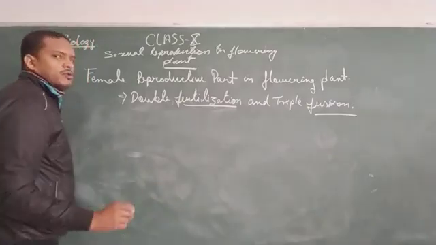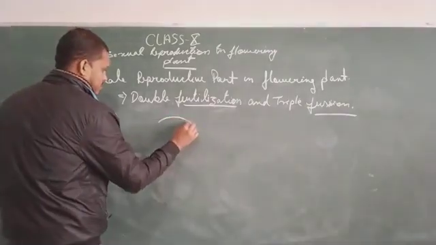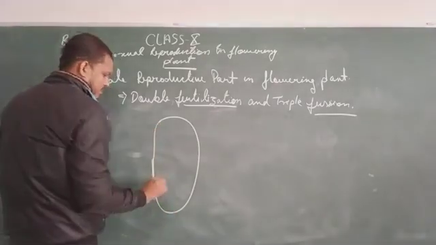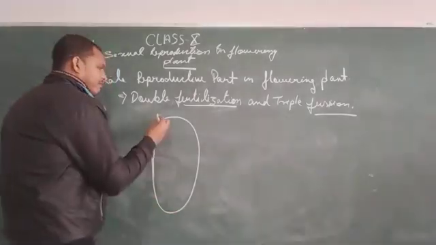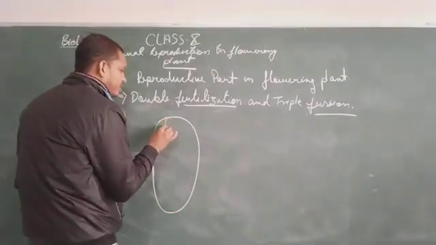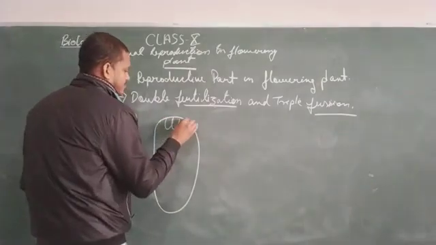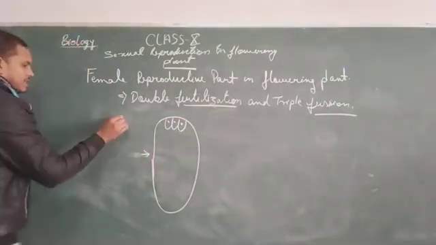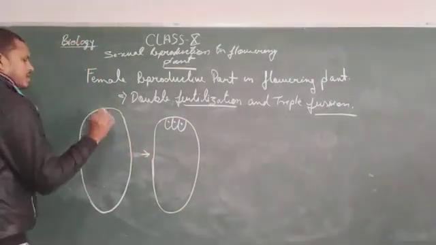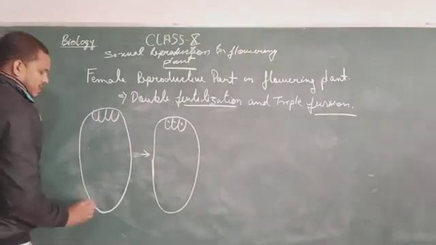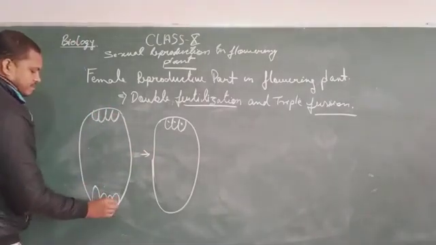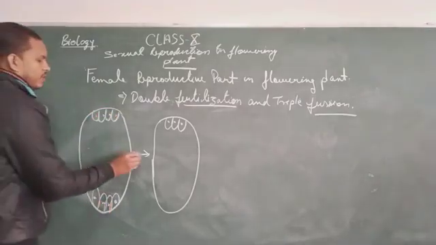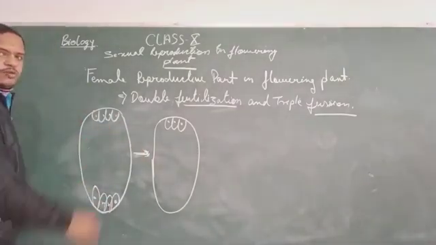First of all, we are going to draw the structure of the ovary. This is the typical structure. At one region, the antipodal region, you will find 3 antipodal cells. Initially they are something like this, the structure of the embryo sac, with 4 cells at both polar regions.